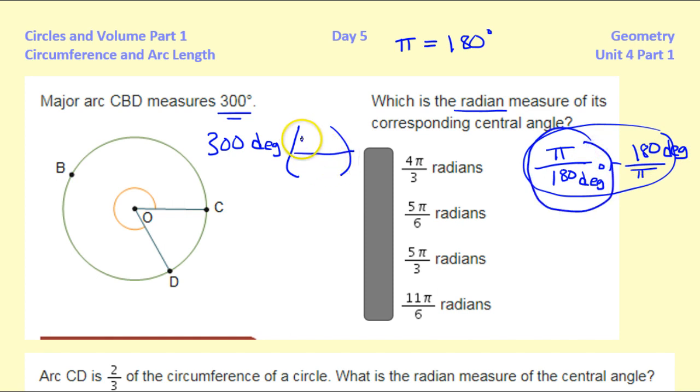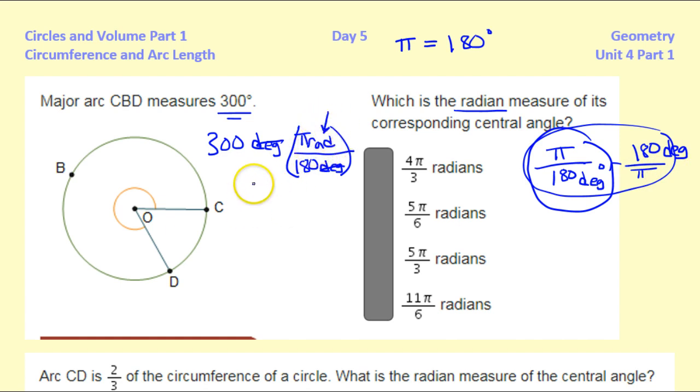So if I do pi, and I'll put RAD for radians, even though radians don't really have units, over 180 degrees, this way the degrees will cancel out. So that's how you know to pick this fraction instead of the other fraction. So that will just leave behind radians.